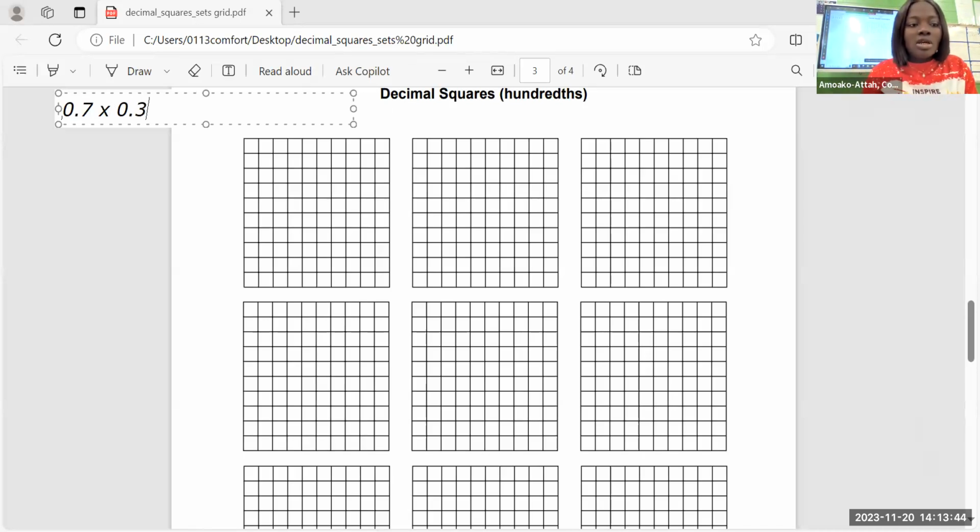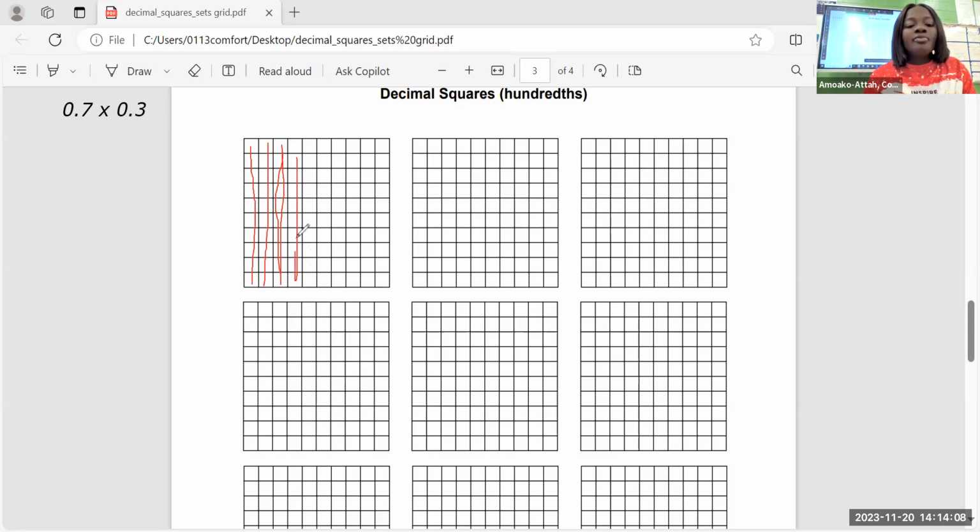So what is the first thing I said we do? First, we are going to color 7 tenths, right? Good. So we have 1 tenth, 2 tenths, 3 tenths, right?